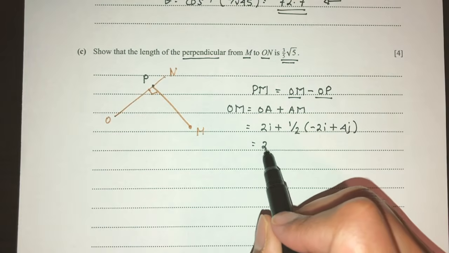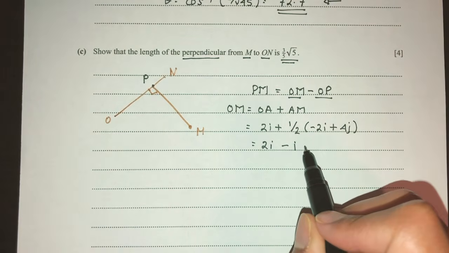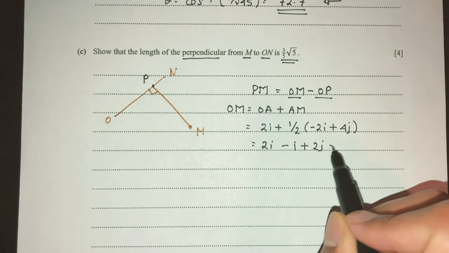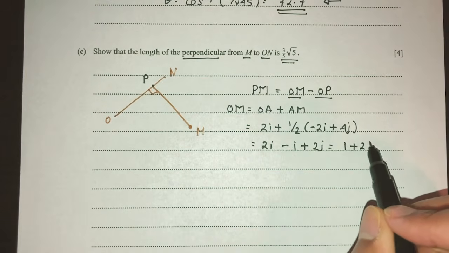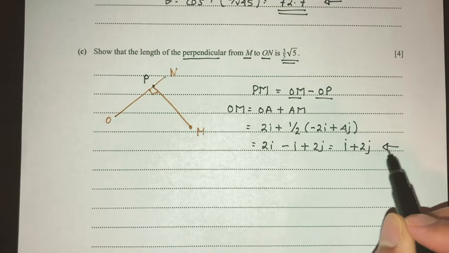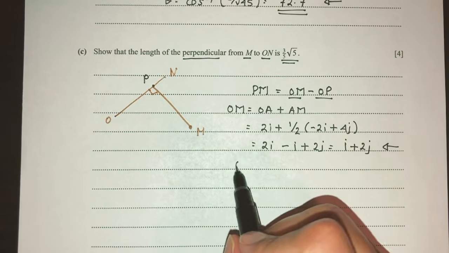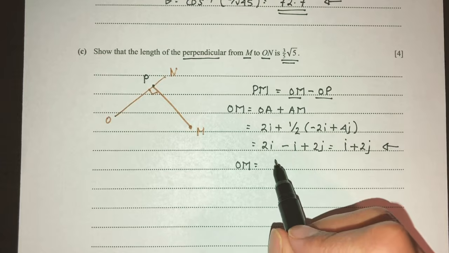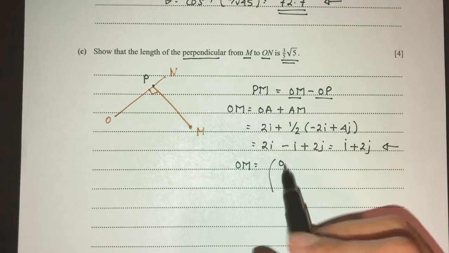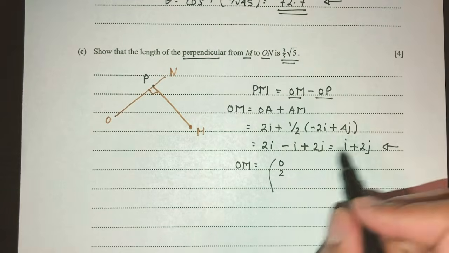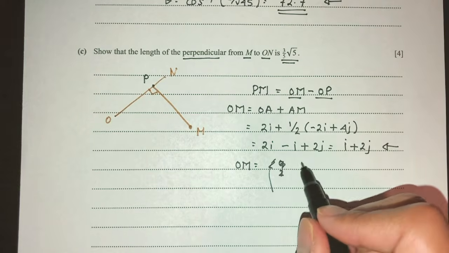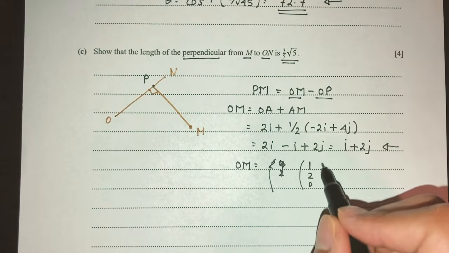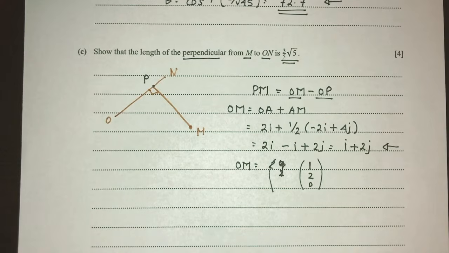That will be 2i minus i plus 2j, that is i plus 2j. That is the value of OM. Now we can write down OM as the point 1, 2, 0. So that's the first thing we need to find.